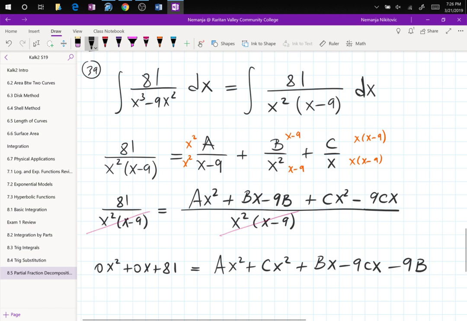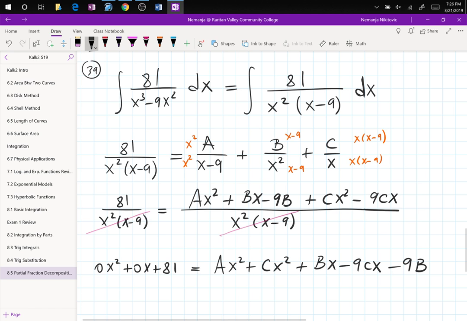I hope you noticed that I grouped my terms in descending order of powers, and I added zeros for whatever is missing, because I need the squares and linears and constants on both sides so I can equate them. So I picked up the terms that have x squared and listed them first, then the single x terms, the linear terms, and this one has no x, that's a constant term.